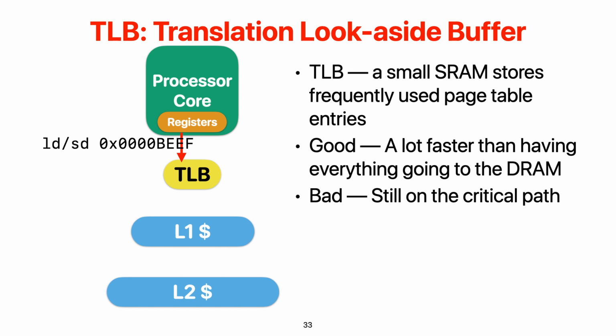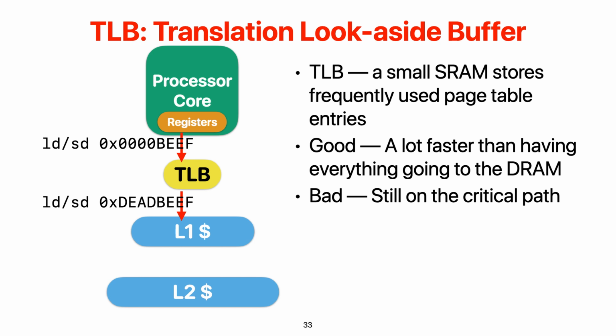If the TLB contains the translation that we need, we can use the translated address to access the L1 cache. In this way, you just need an additional cycle to access the TLB. That is a lot better than spending 500 cycles, or 5 memory accesses, to retrieve the translation.